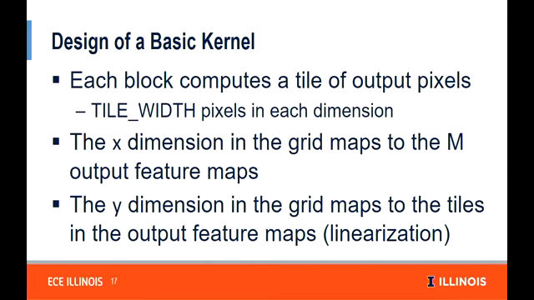So this is just a sample design, and you should be thinking about, when we map the x dimension and the y dimension and so on, what are the implications? Why would you be changing the memory access behavior or the effectiveness of the second level cache? These are the things that you should be thinking about from now until the end of the semester, okay?